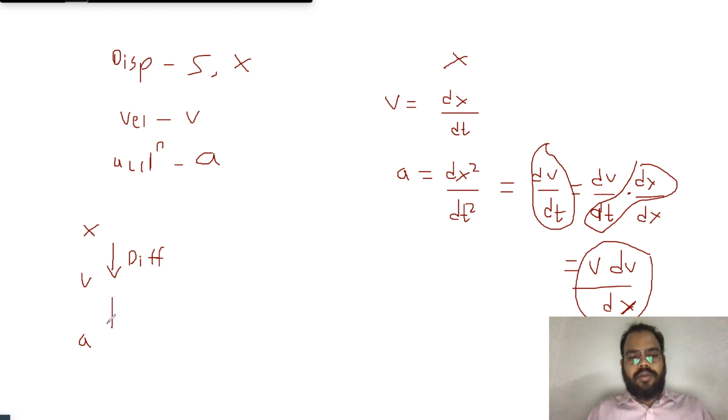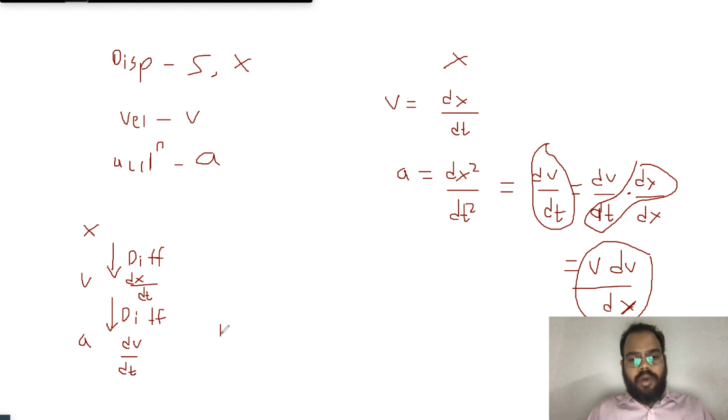If velocity is known and you want acceleration, again you will differentiate. Velocity will be dx by dt, so here I differentiated my displacement. Your acceleration will be dv by dt, so here I differentiated your velocity.